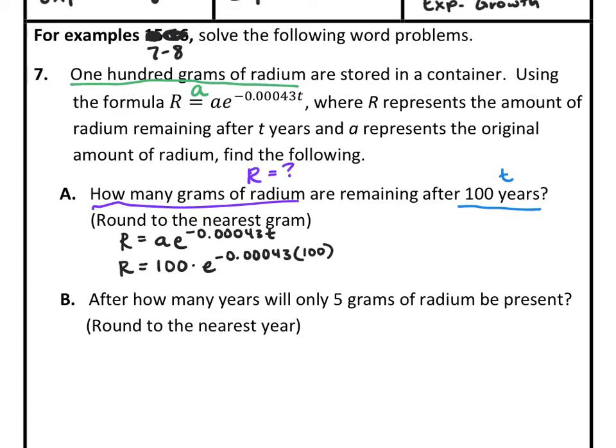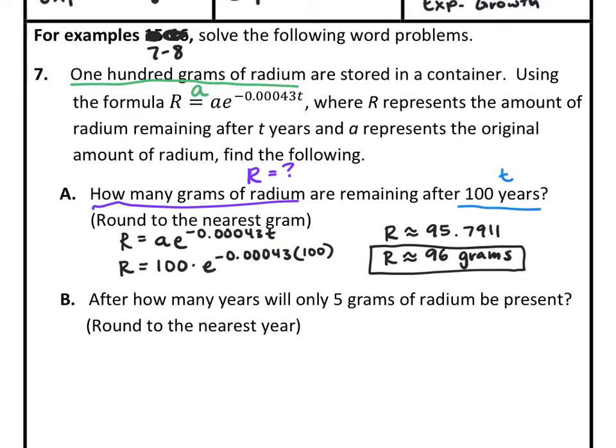And if we put this in our calculator, we get that R is approximately 95.7911, which, since it says round to the nearest gram, means the nearest whole number. So my final answer is that I'm going to be left with approximately 96. I'm going to round up. 96 grams of radium. So 4 grams less than when I started.